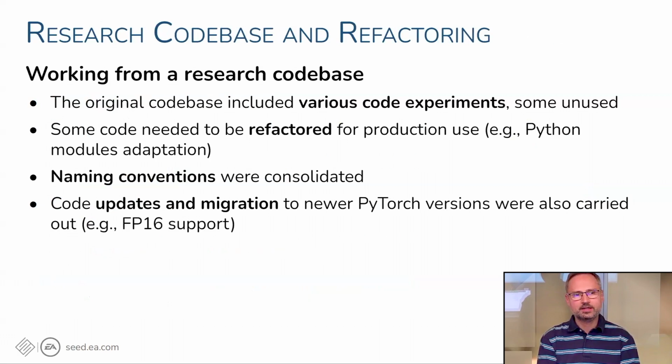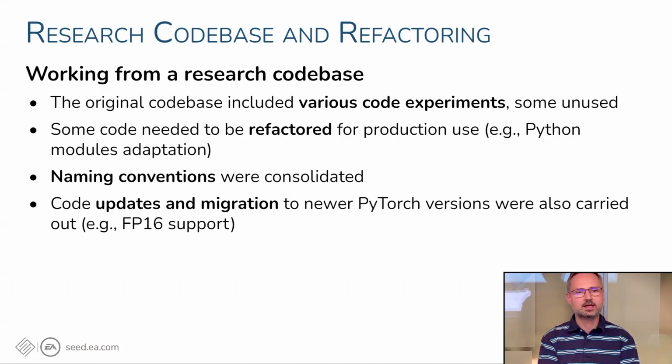So at the beginning of the project, we also started working from a research code base and had to carry out some refactoring and fixes in order to use the model inference in the tool. This original code base included various code experiments, some of them unused. So that caused some code to need refactoring for production use.